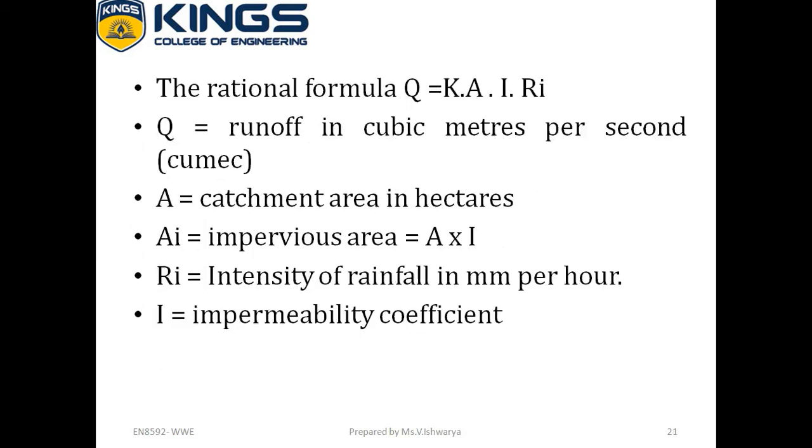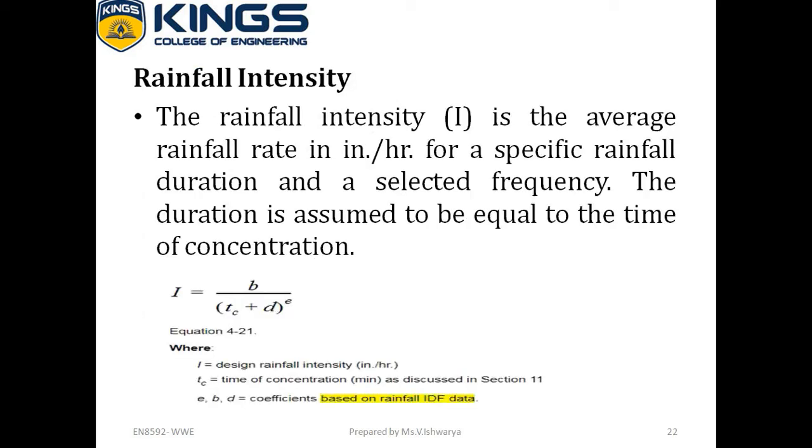To find this discharge, we have the main formula, that is Q = K × A × I × Ri. K means constant, A means catchment area, Ri means intensity of rainfall in mm per hour, I means impermeability coefficient.